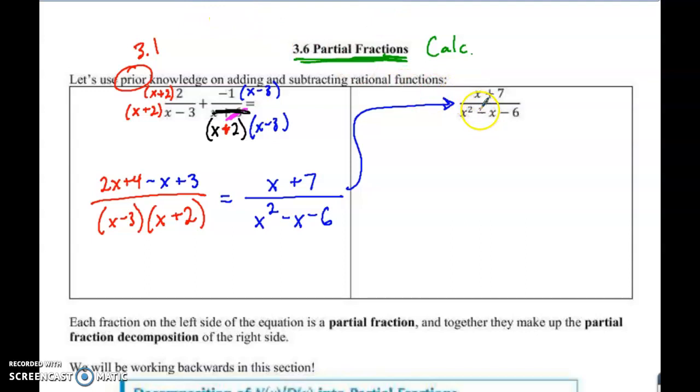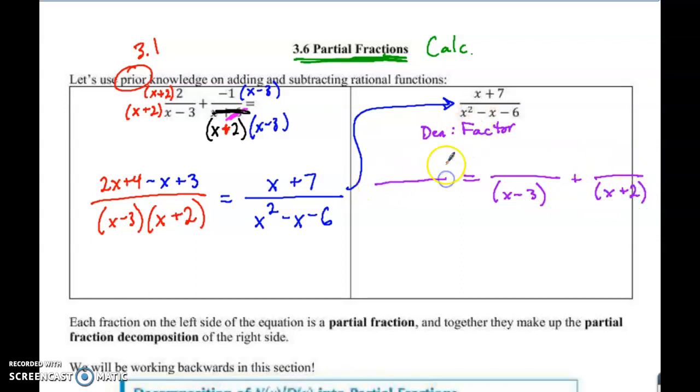If you notice the denominator, what you do is you factor the denominator. So if you were to factor that, your two terms would be x minus 3 and x plus 2.